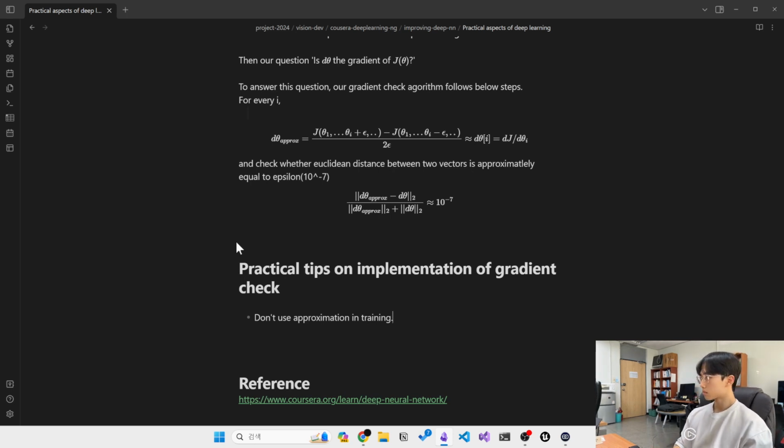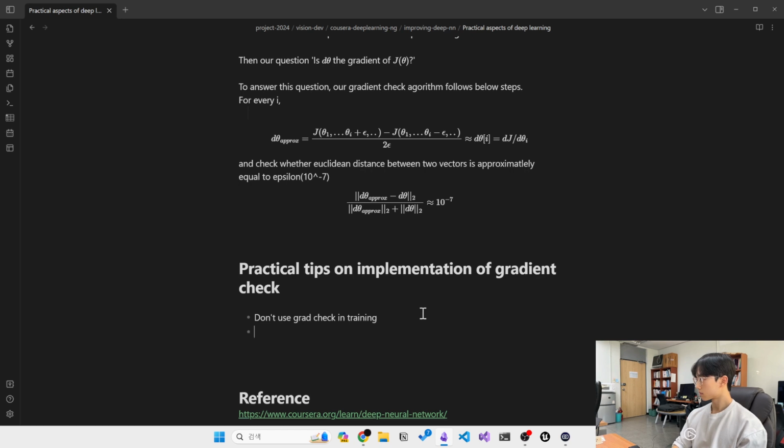Second, if an algorithm fails grad check, look at the individual components to try to identify the bug.